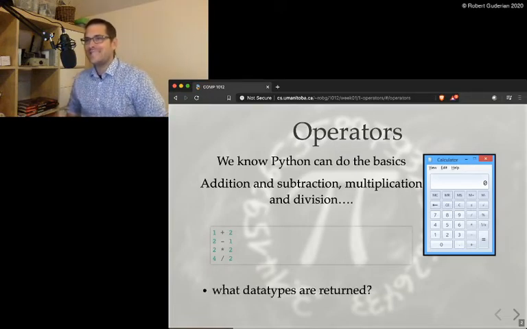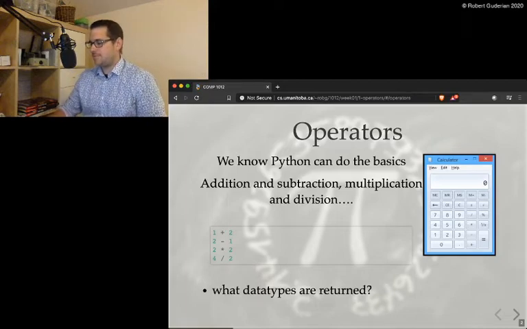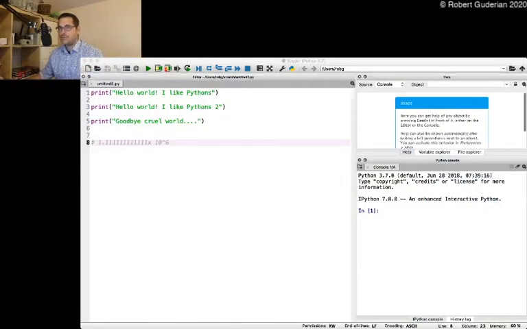But the question is, what data types are returned? Last class, we talked about integers and floating point, which are for decimal numbers. Are these treated differently? Well, I mentioned that the interactive console is actually a pretty useful tool. It's useful for when you're questioning what gets returned, because I can just say 1 plus 1, and it will happily say 2.